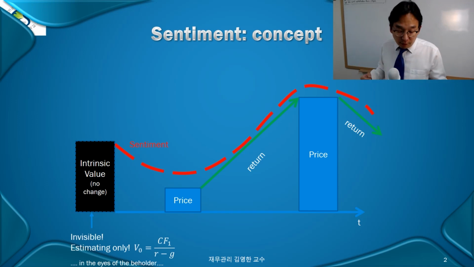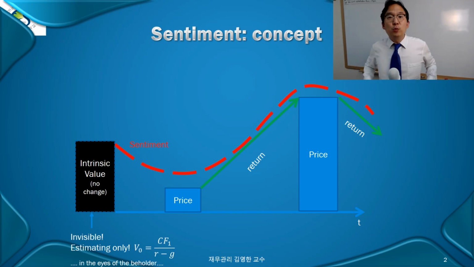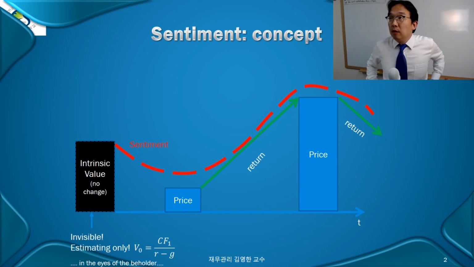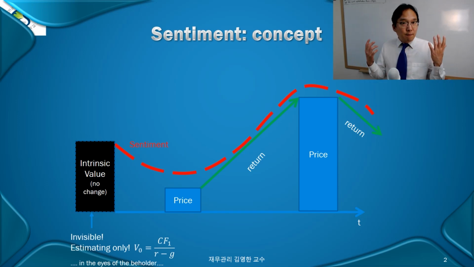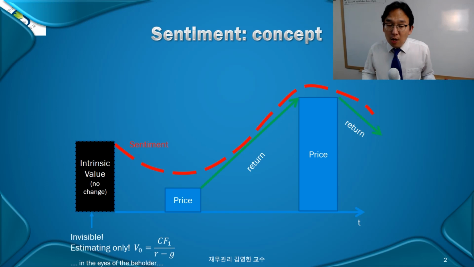For example, last week, the Federal Reserve Chairman said something about inflation, and what he mentioned incurred some investor psychology about the upcoming inflation and interest rate increase, so that caused the stock price to go down and things like that.